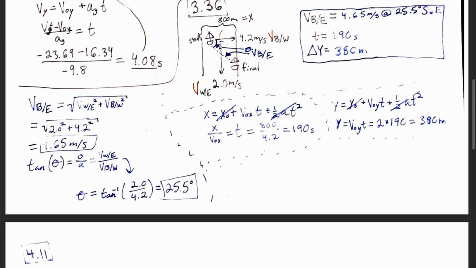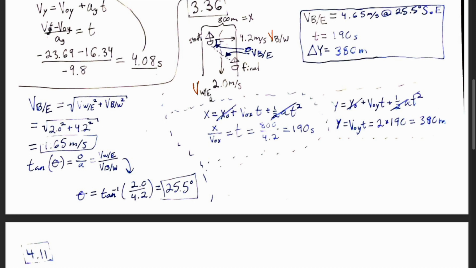But we know that the water is moving south at this distance. So his actual position, once he gets to the other shore, is going to be a combination of the velocity of the boat relative to water and the velocity of the water relative to the earth.